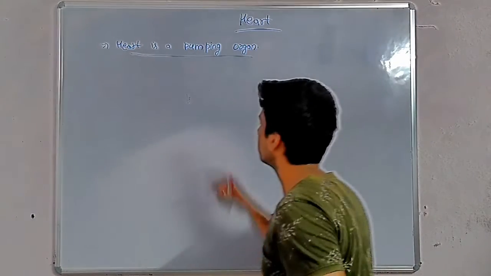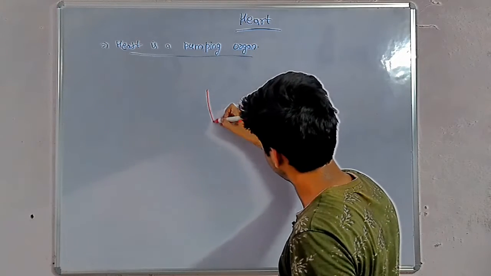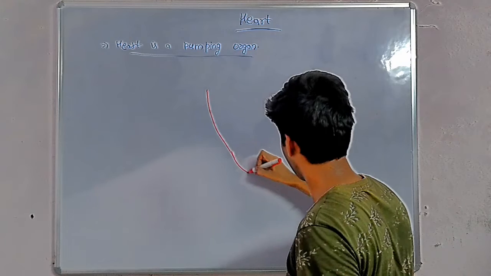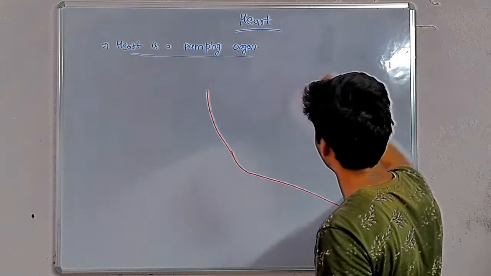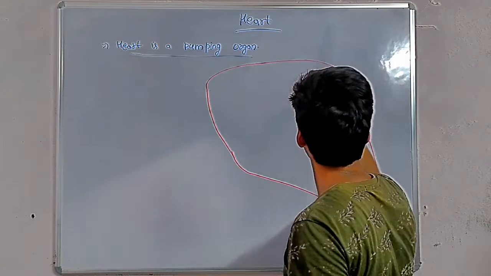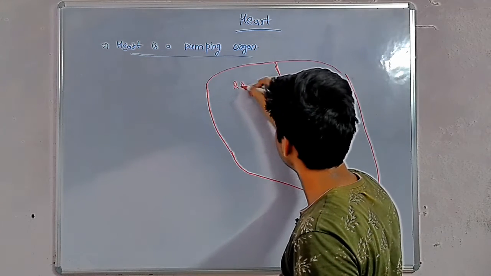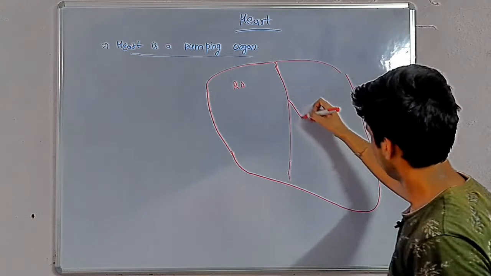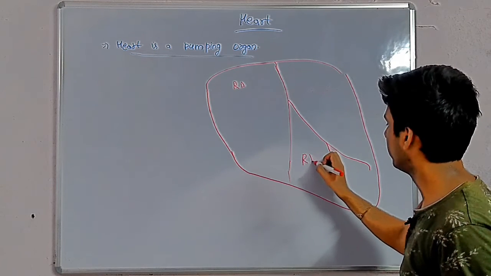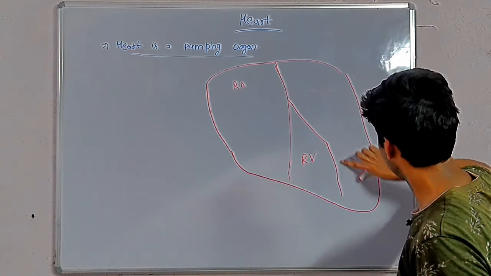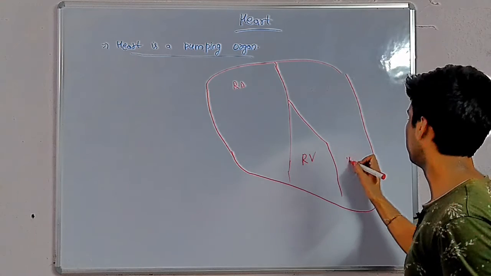So first we are covering the whole heart like this. So this is our right atrium. This whole is called the right ventricle, and this major portion is called the left ventricle.